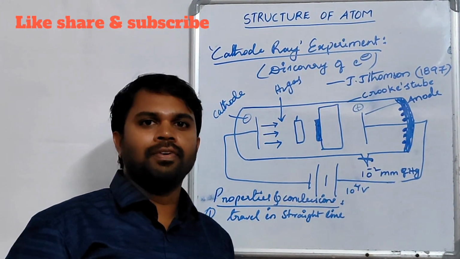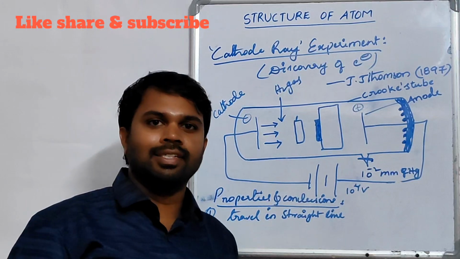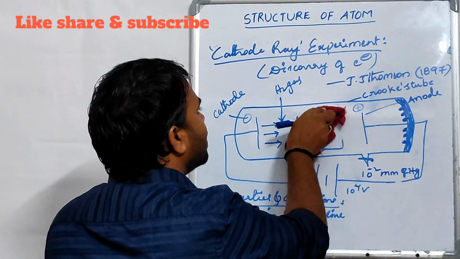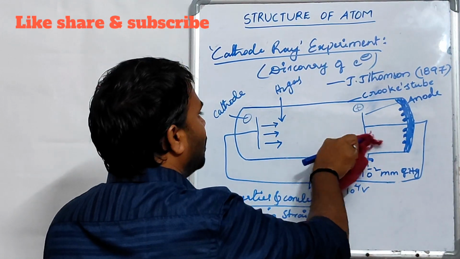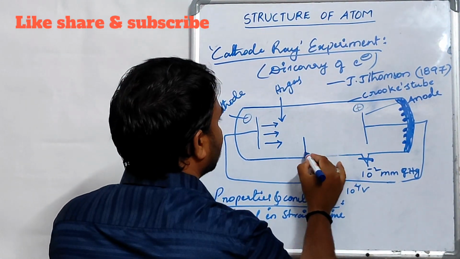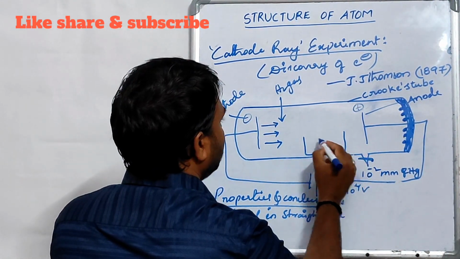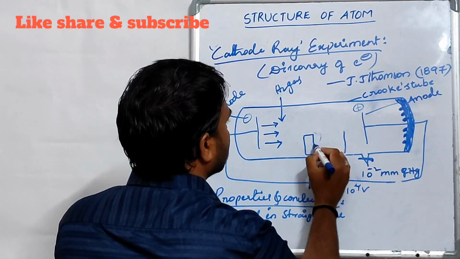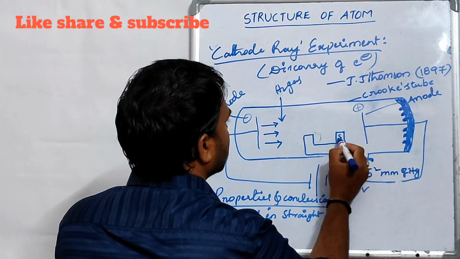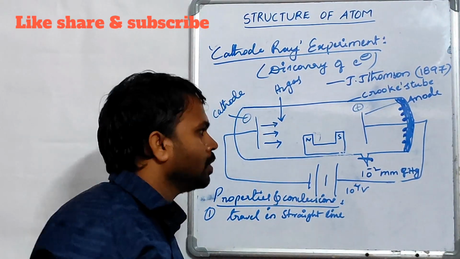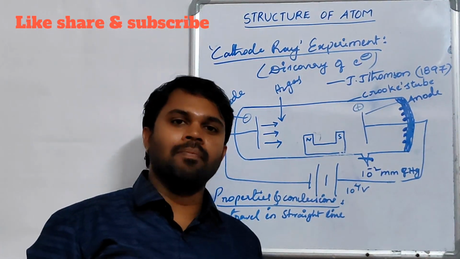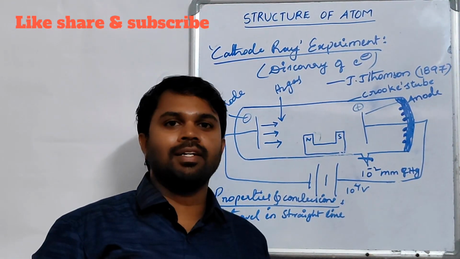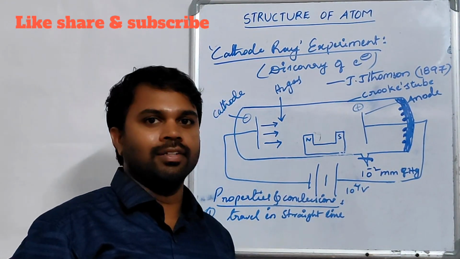Now, he wanted to identify whether these cathode rays carry a certain charge or not. For that, he placed a magnet in between these electrodes inside this tube. This magnet is associated with some magnetic field. We know that any charged particle passing through a magnetic field has its path deviated.